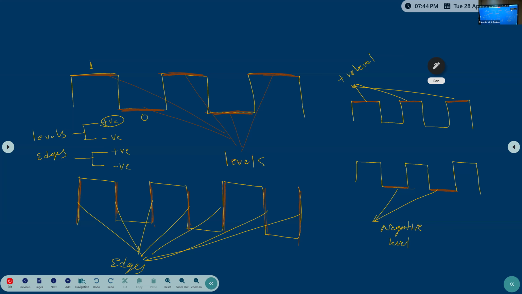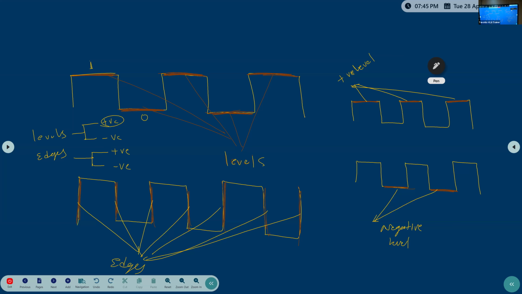The same way with edges: the sequential circuit which turns on only at the positive edge is called positive edge triggered. The same way, negative edge triggered.